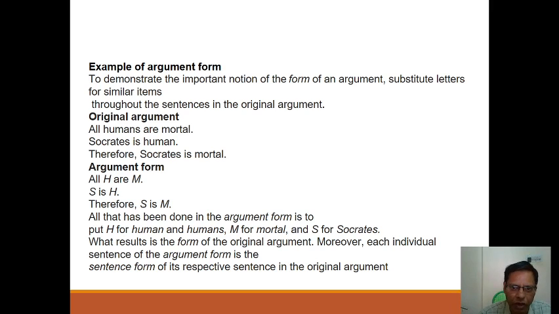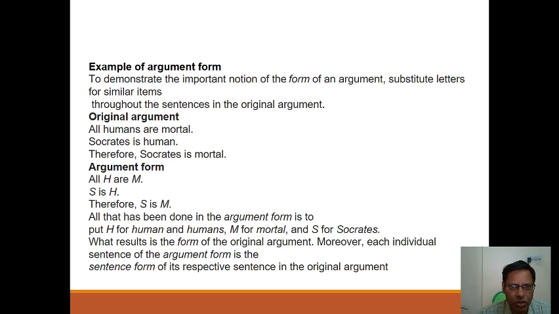So the argument form is represented as: all H are M. What is H here? H is humans, M is mortal and S is Socrates. So all H are M, S is H, therefore S is M. Initially we studied in mathematics that A is equal to B, B is equal to C, then A is equal to C. It is the same way.